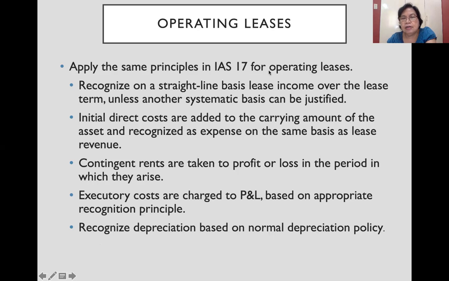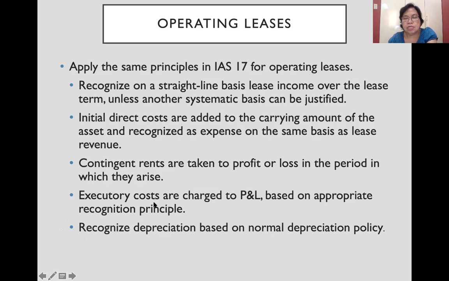Therefore, in summary, what are the characteristics of operating leases? That is, the lessor still maintains the record for the lease asset. So because the record for the asset is maintained by the lessor, then the lessor also recognizes depreciation on the lease asset. The depreciation, if there is any initial direct costs, consists of two components: depreciation on the carrying value of the asset before initial direct costs, which will be computed based on the useful life of the asset, and depreciation based on initial direct costs, which will be computed based only on the lease term.